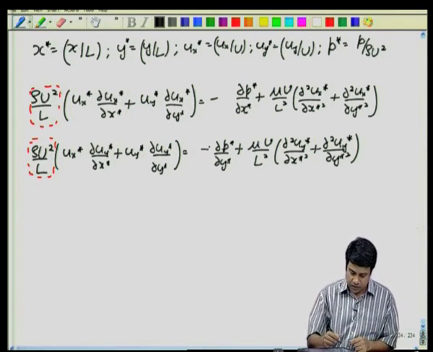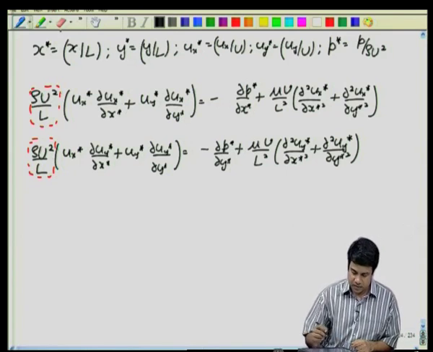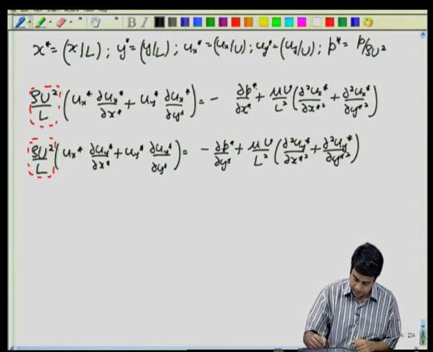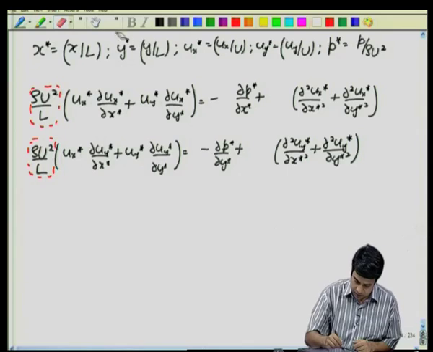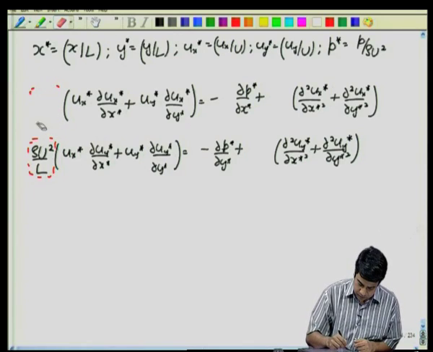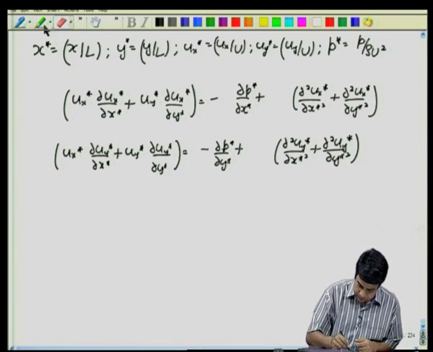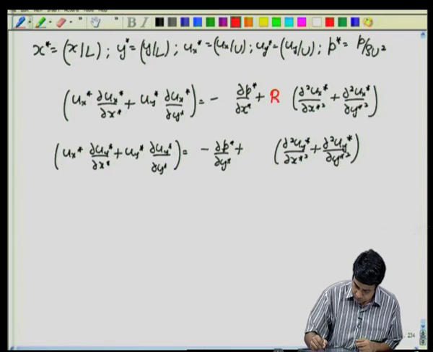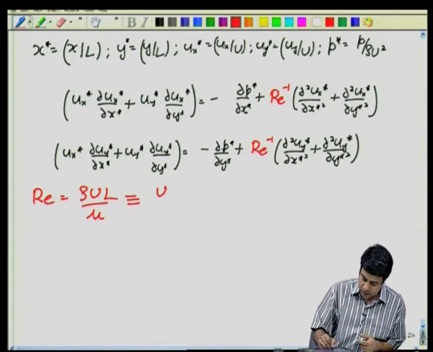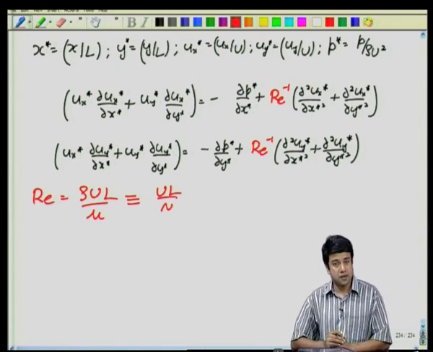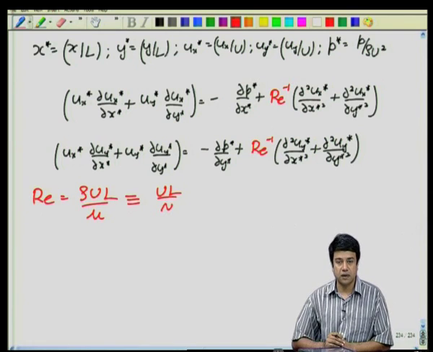And when I divide throughout by rho U square by L, this just becomes equal to inverse of Reynolds number, where the Reynolds number is defined as rho U L by mu, which is also equivalent to U L by nu. This is the Reynolds number based upon the free stream velocity and the length of the plate.